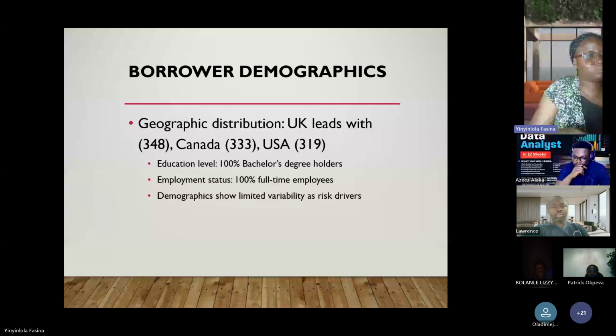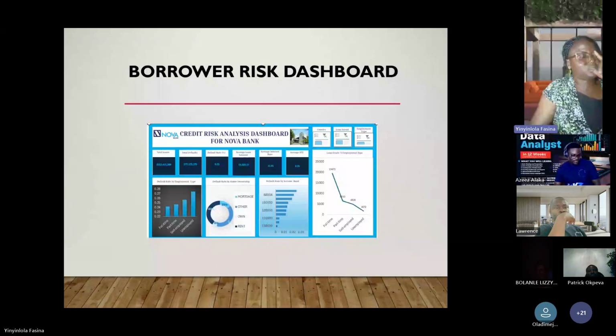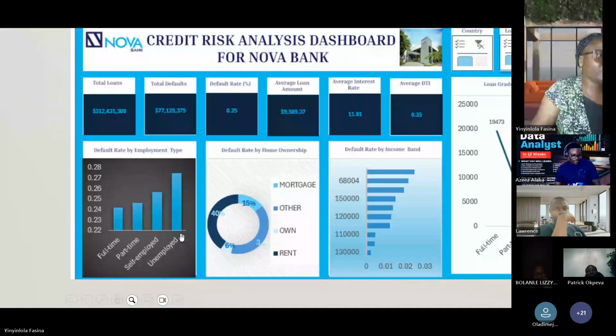So this is the dashboard that was designed for this. Maybe later I'm going to go back and play it so that we can see. But from here, let me try to zoom it. We can see that the unemployed have the highest default rate, followed by the self-employed, then the part-time, and then full-time.